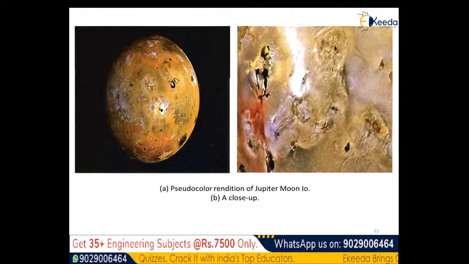By understanding the physical and chemical processes that are likely to affect the sensor response, it is possible to combine the sensed images into a meaningful pseudo-color map, as you see on the left hand side here.